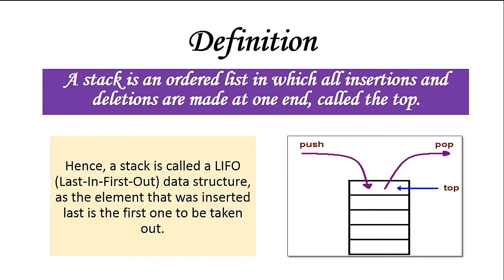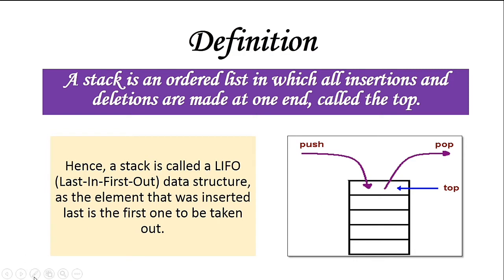So what exactly is the logic of stack? The logic of stack is you are going to insert the element from only one end. We are calling that end as top. Even we are going to delete the element from the same end. So insertion as well as deletion both are taking place in the same end called top of the stack.